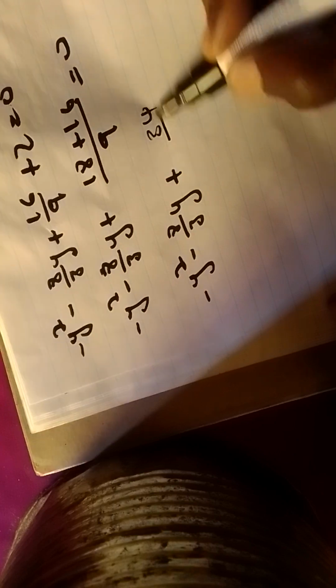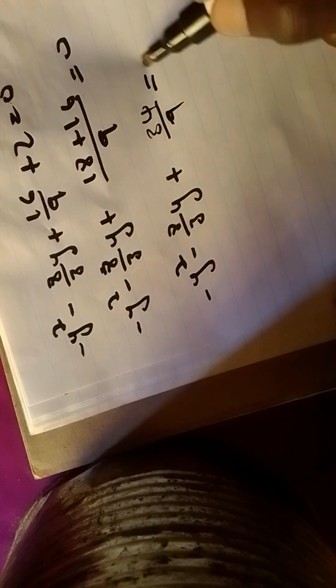I'm using my calculator. Let's say 16 plus 18 equals 34. It is going to be 34 divided by 9.